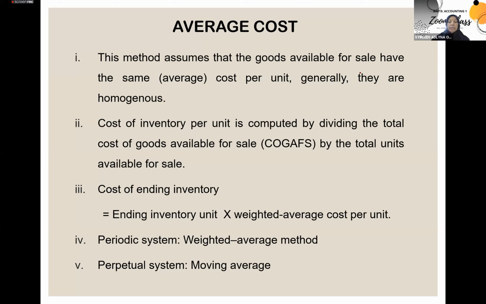So bila kita nak kira dia punya COGS, kita nak kira dia punya sales, everything is based on the average cost. So yang ini kita assume the goods available for sale has the same cost per unit. Kenapa? Sebab kita guna purata. So actually average cost ni dia lebih mudah sebab dia akan guna satu nilai saja.